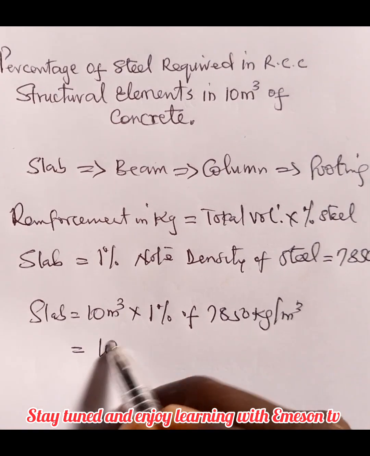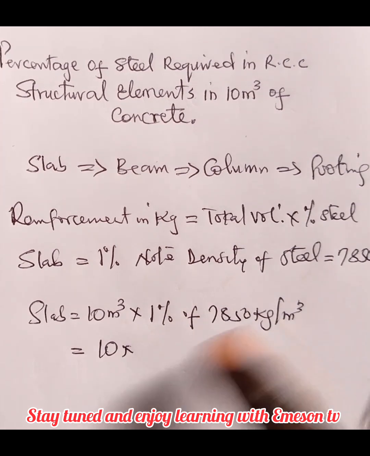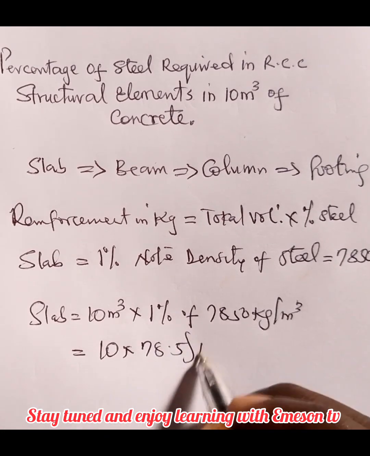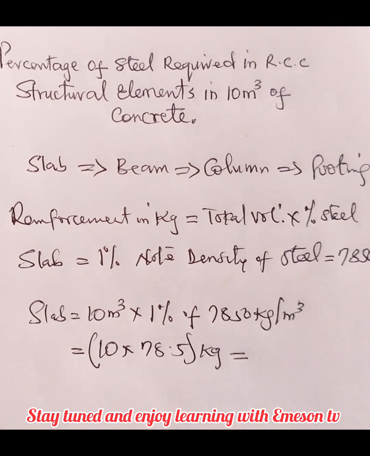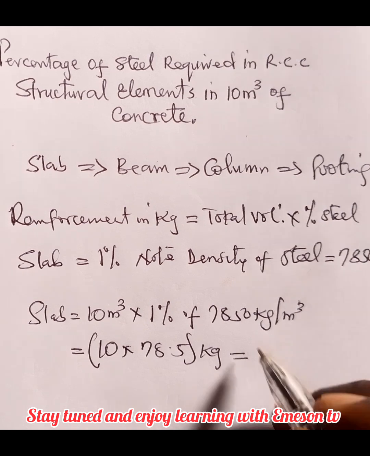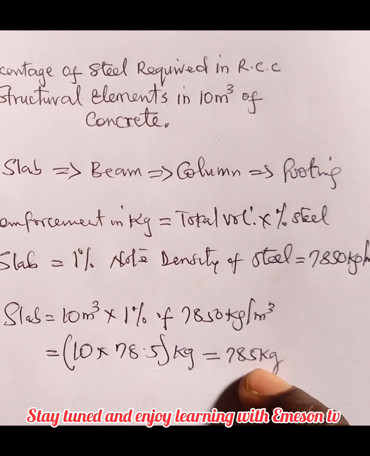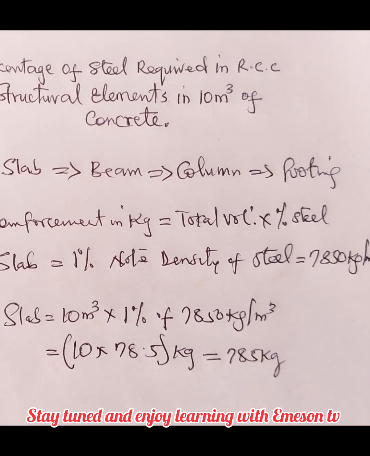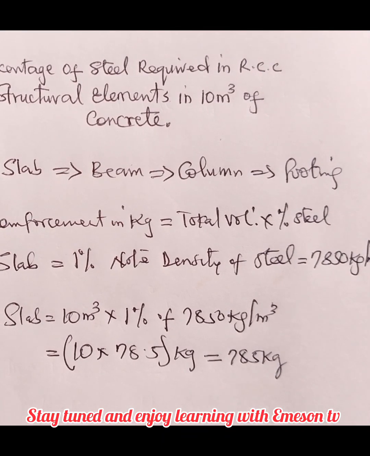We now have 10 to multiply 1% of this is 78.5 or in kg. So this multiplied by this will give us 785 kilogram. So for 10 meter cube of concrete in your slab, you have 785 kilogram of your reinforcement in kg. So let's go over to beam.